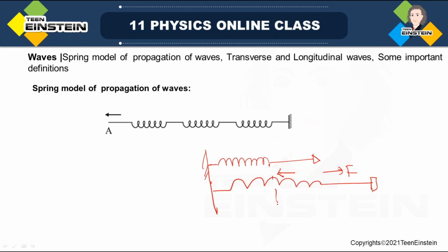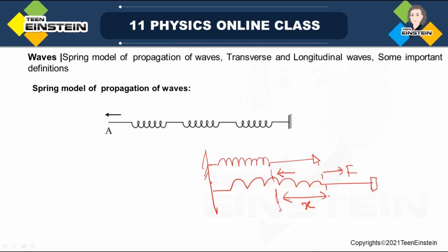So suppose this is the change in the length. This is the equilibrium position. Okay, this was at the equilibrium position. Now it is stretched by some length x. So there will be a force acting in the spring in the opposite direction to the displacement or to the applied force. Okay, so what is the role of this force which is acting in the direction opposite to the displacement?